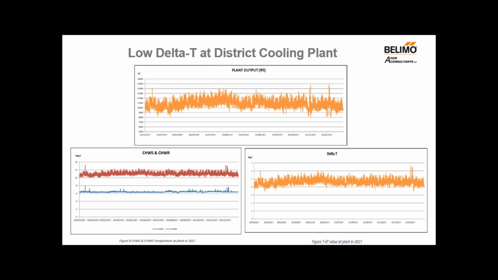The effect of this low delta T is that the plant actually requires an extra 13% capacity for every 1 degree Celsius delta T differential to meet the cooling load, meaning that the cooling plant has to run extra equipment in order to serve the same load.